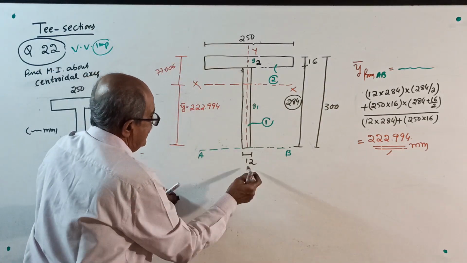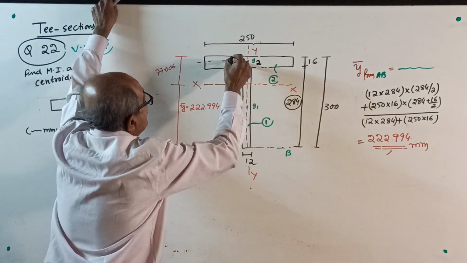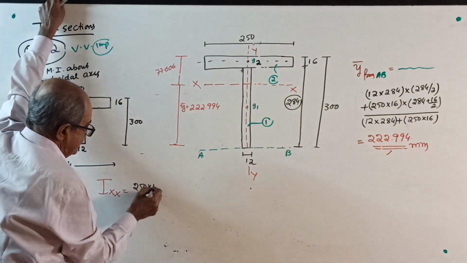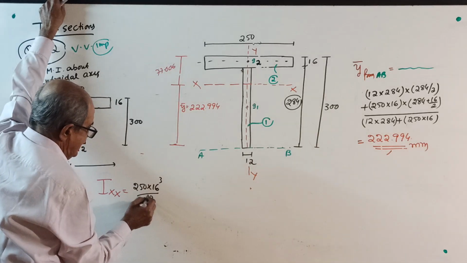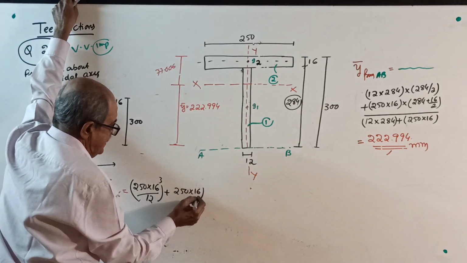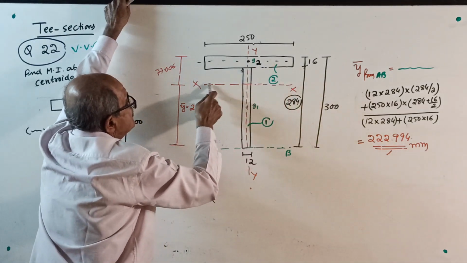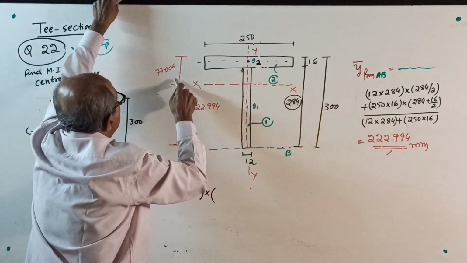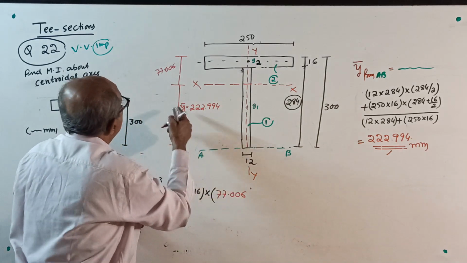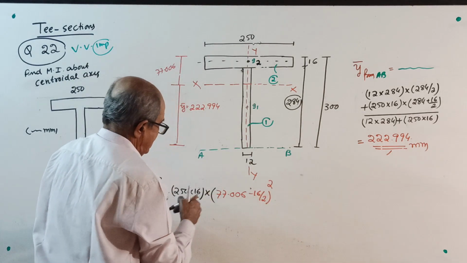First I about its own Xx axis, its own centroidal axis: 250 into 16 cube by 12, that is your Ig, plus area, 250 into 16, into the distance from centroid to Xx, this distance squared, which is 77.006 minus 16 by 2, whole square.